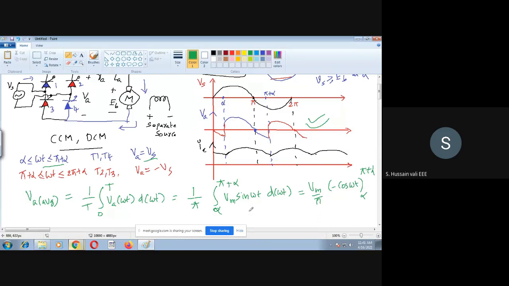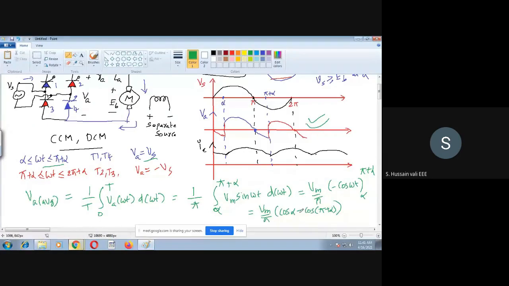That is equal to Vm by pi into cos alpha minus cos of pi plus alpha. So what is cos of pi plus alpha? All Silver Tea Cups, so it is minus.